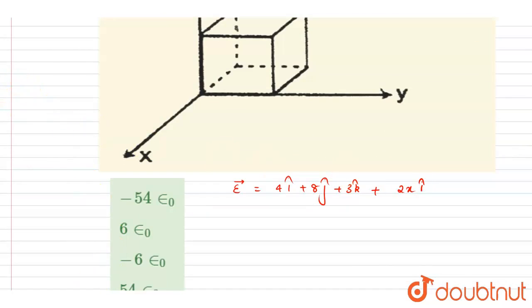So if you see here, this component is constant and this is variable.